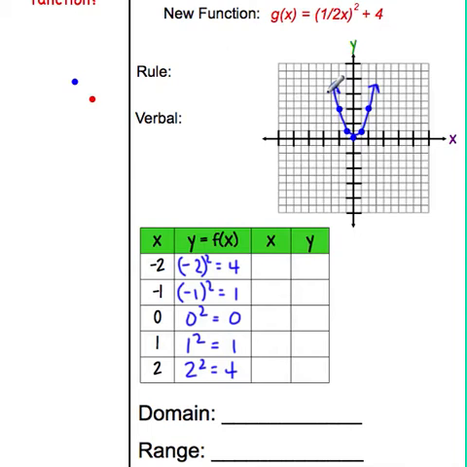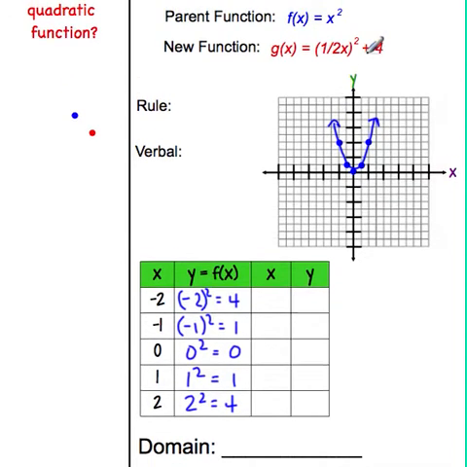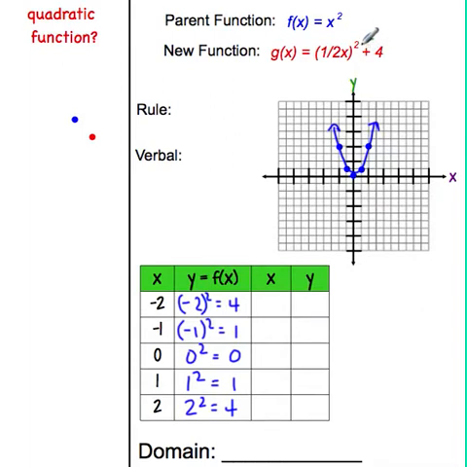Now, we then need to go ahead and take a look at this new function. First thing that I see is this +4. This is the one thing we've been seeing a lot of lately. This means that we're either going to move it up or down. And in our case, it's a +4, so it means we're going to move it up.